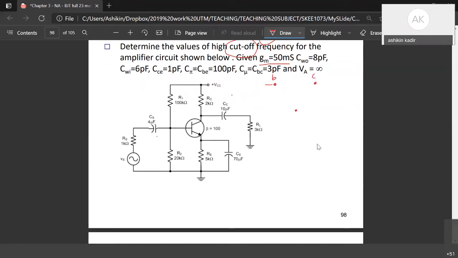Here you have the bypass capacitor. Emitter to the ground, at the base you have R1, R2 and also R pi. Here is R1 parallel with R2, and then you have RS. For CE you have the independent source GM V pi. At the collector you have RC and also RL.